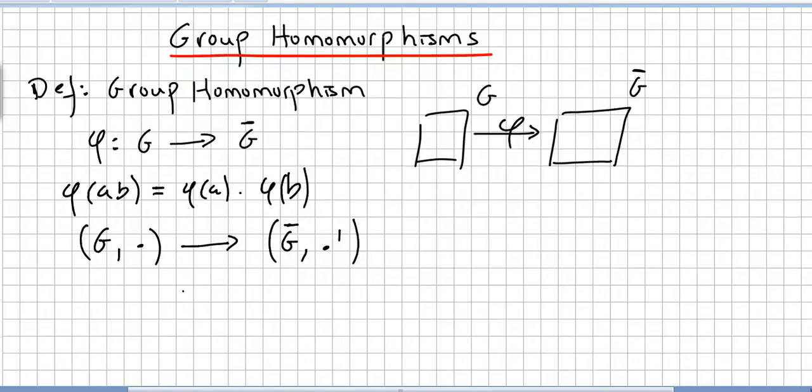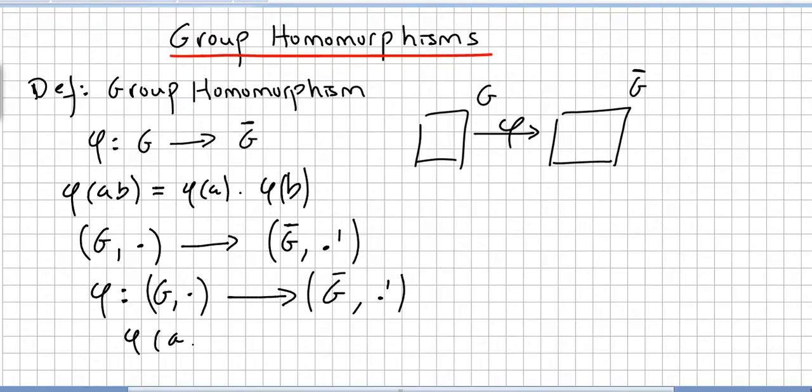So this group homomorphism phi will take G with its operation to G bar with operation prime, such that phi of A operation B, so this is this operation, equals phi of A operation prime phi of B. So this one is this operation and this one is this operation.